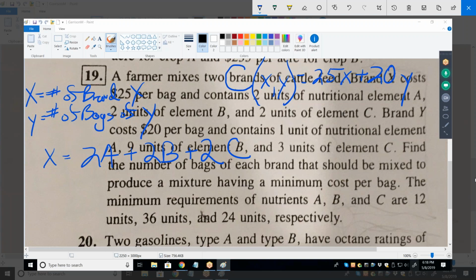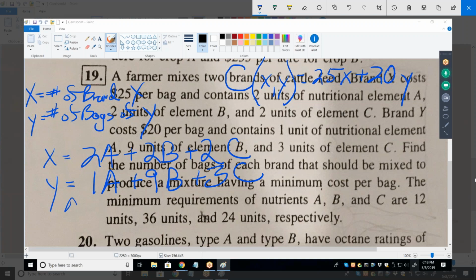One bag of Y contains 1A plus 9B plus 3C. The minimum requirements of nutrients A, B, and C are 12, 36, and 24.